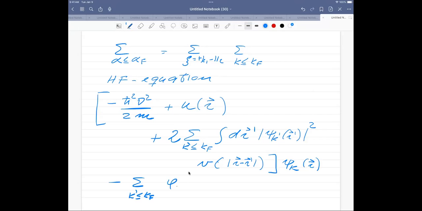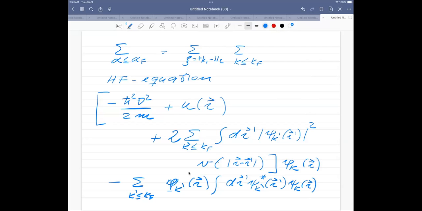And then I have my psi k of r. And then this is multiplied with the integral. And then I have my psi, okay, this should be a psi actually, psi of k prime. And I have a psi of k of r.